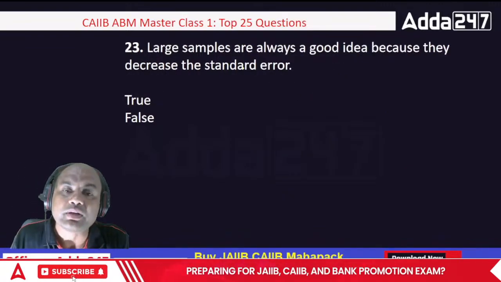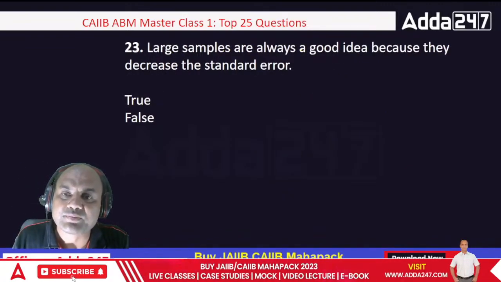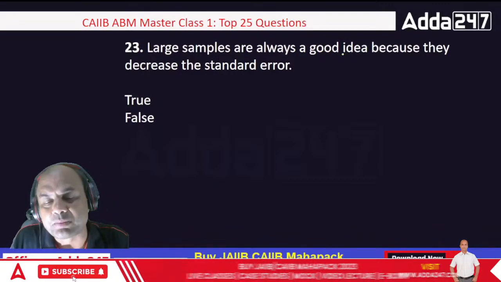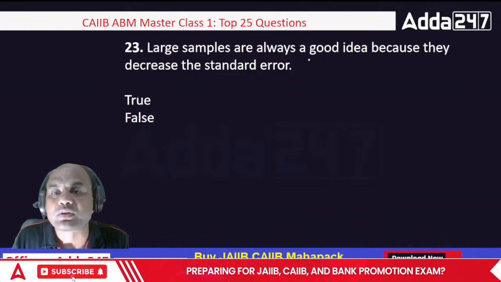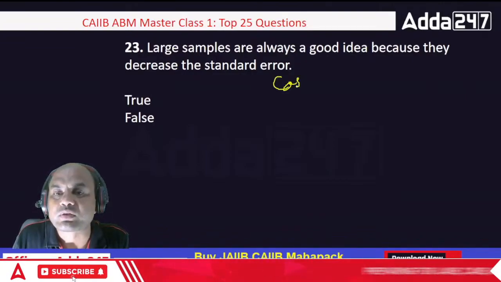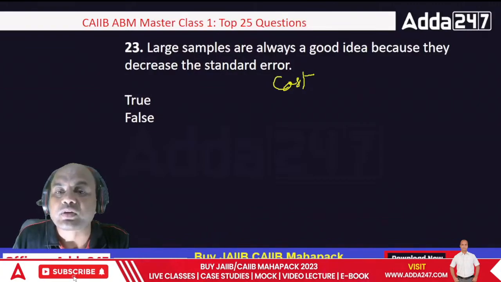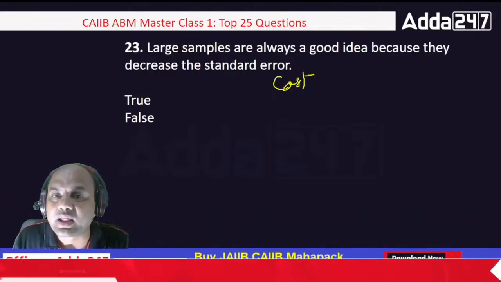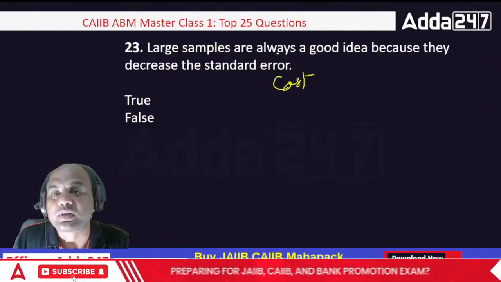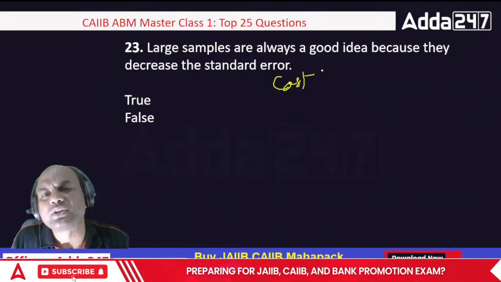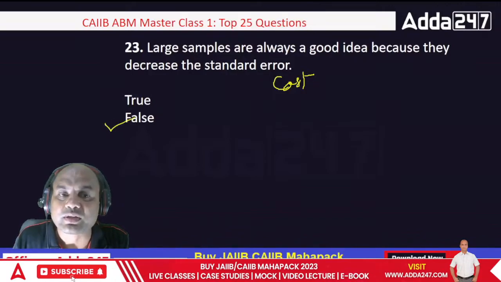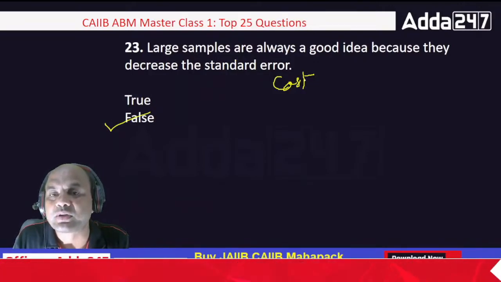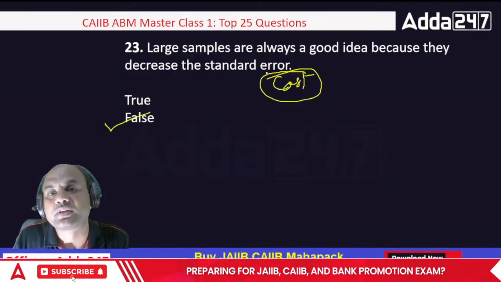So should I take large samples? It is a good idea, but there is a problem: cost. If the cost involved is too high, we should not take large samples. So the answer is false. Large samples should not always be taken because the cost is high. Always remember.